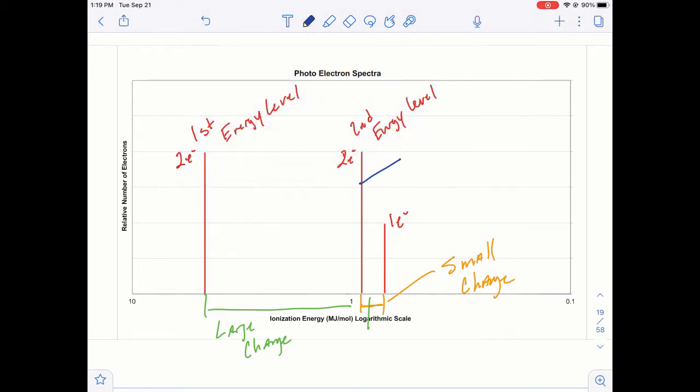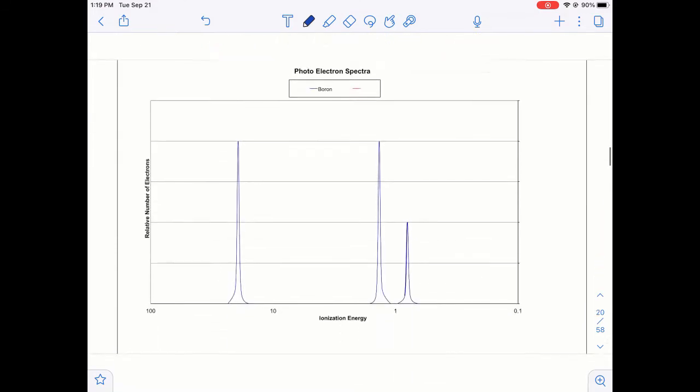This is going to be the S sublevel, and this will be called the P sublevel. So in the second energy level, we have a slight difference with the S sublevel electrons being a little bit harder to remove than the P sublevel electrons would be.